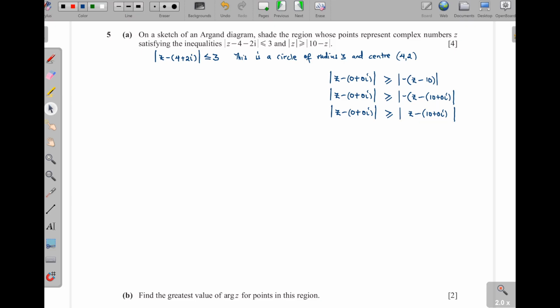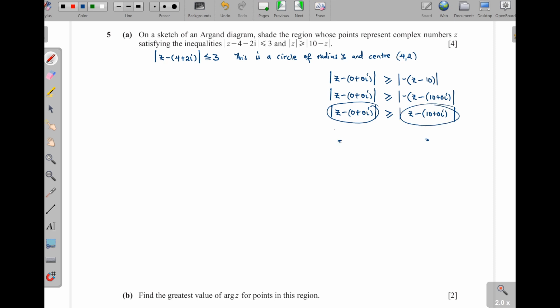Okay, so we are not used to a number then minus the z. We are used to z then minus a number or a complex number there. So here we are looking at, because this one is a distance and then a distance, so you are having two centers.